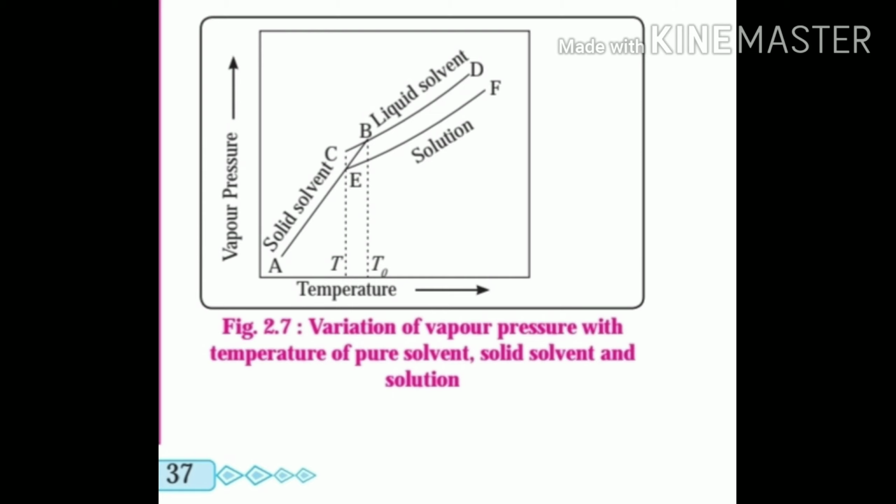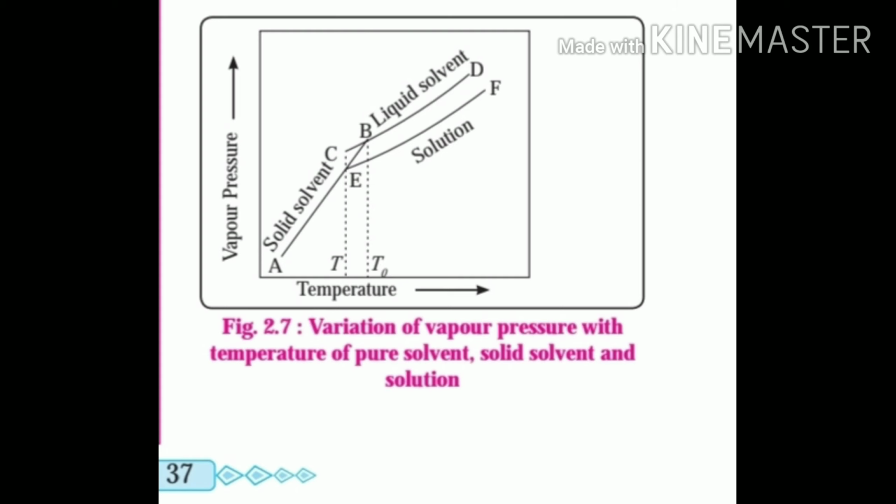Altogether there are three curves here. AC is the vapor pressure temperature curve for solid solvent. Then BD is the curve for liquid solvent. Then EF is the curve for the solution. You will see that the vapor pressure temperature curve for solution always lies below that of the solvent.